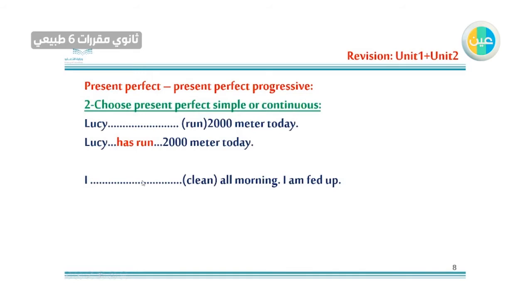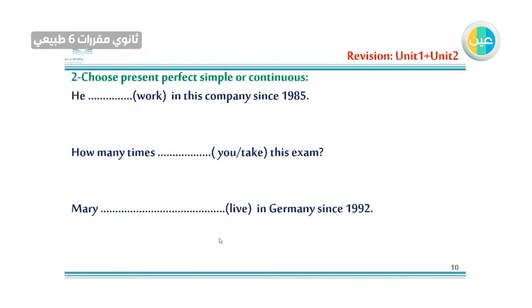So can you tell me what is the rule for present perfect progressive? Subject, after the subject has or have, then been, then the verb with ing. I have been cleaning all morning. I am fed up. He worked in this company since 1985.